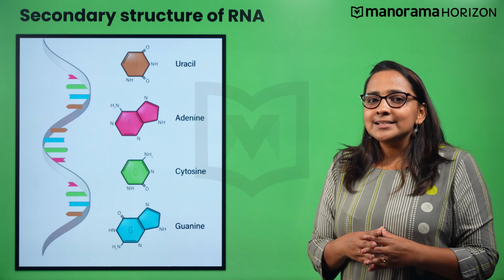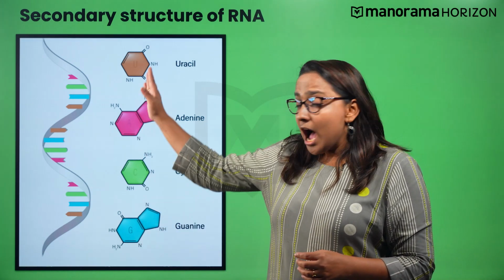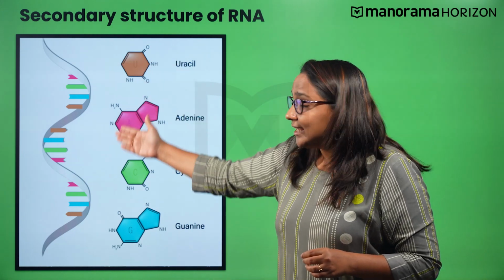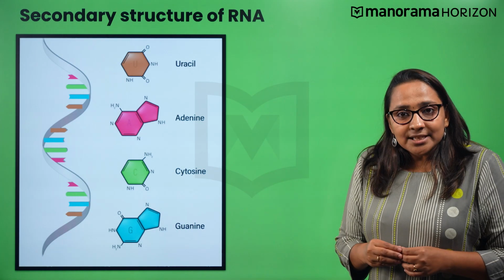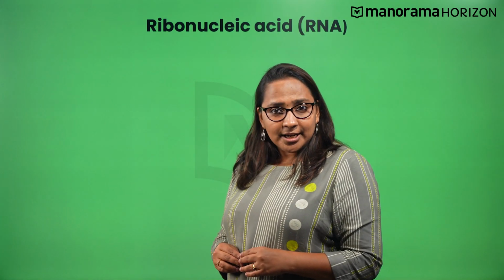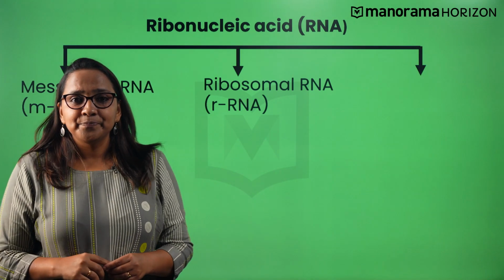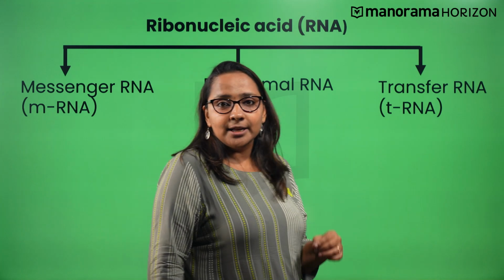Next, we will discuss the secondary structure of RNA. Basically, RNA forms a single helix. Often, this single-stranded helix folds back on itself. Essentially, there are 3 types of RNA in living system. They are messenger RNA, ribosomal RNA and transfer RNA.